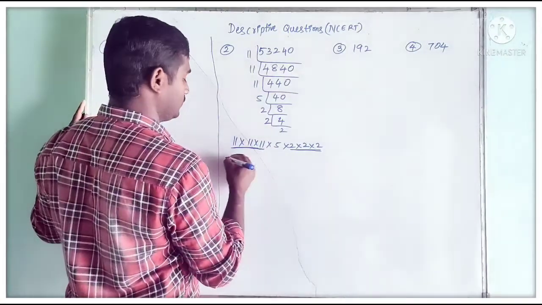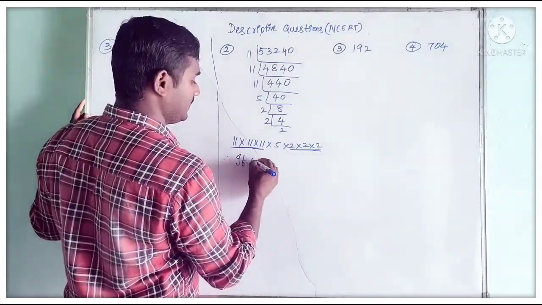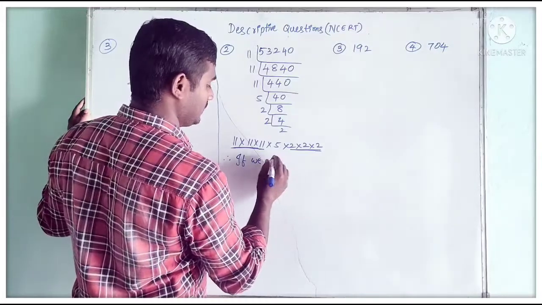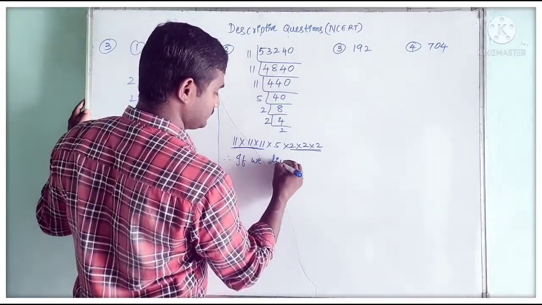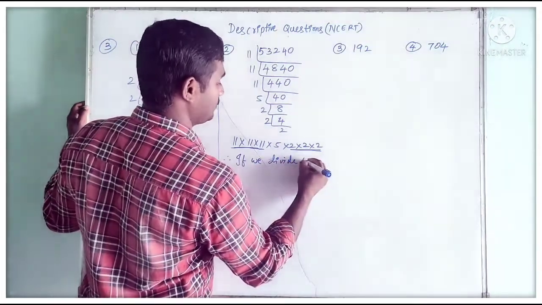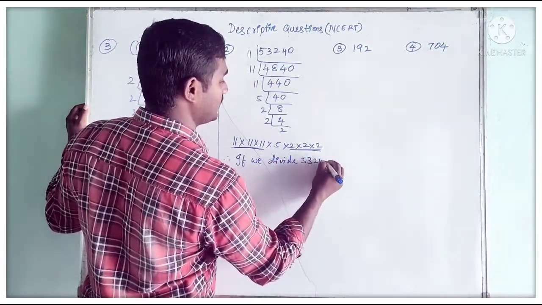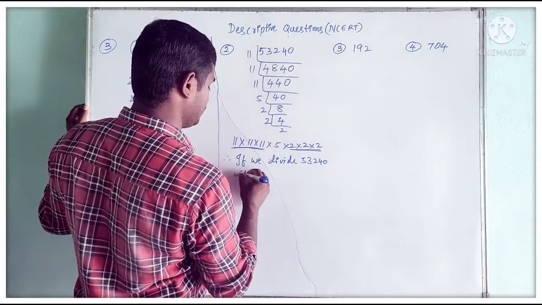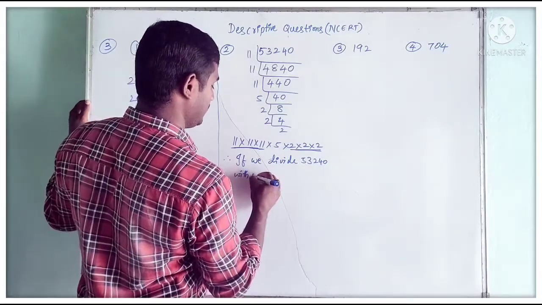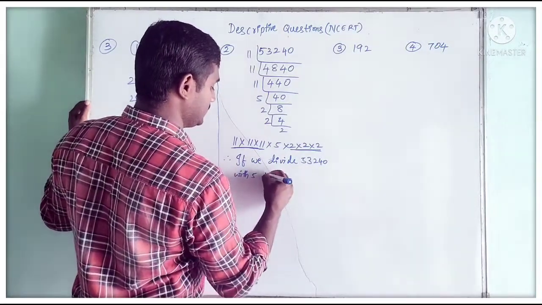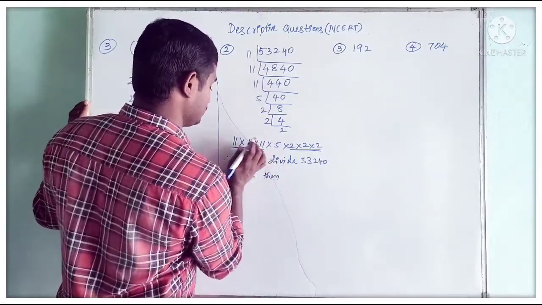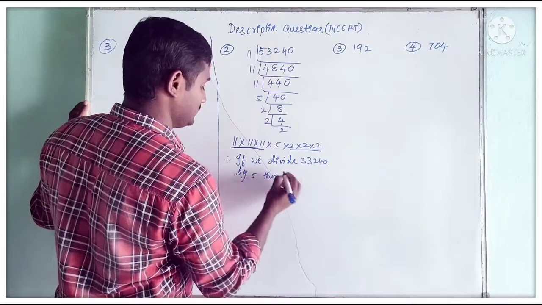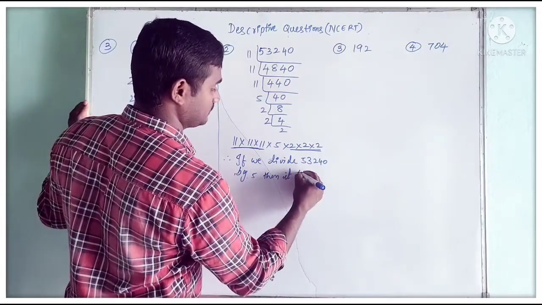Therefore, if we divide 53,240 by 5, then it becomes a perfect cube.